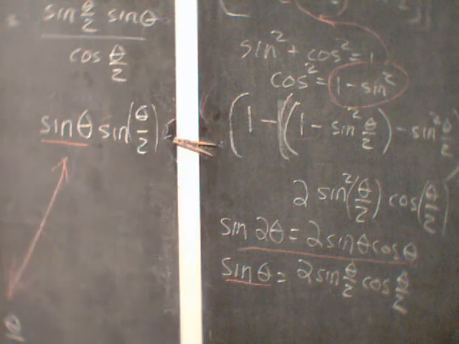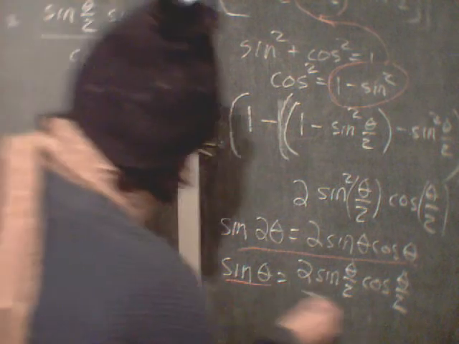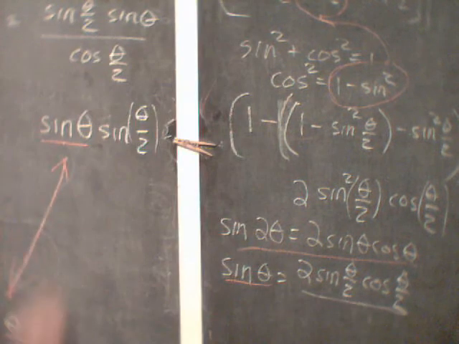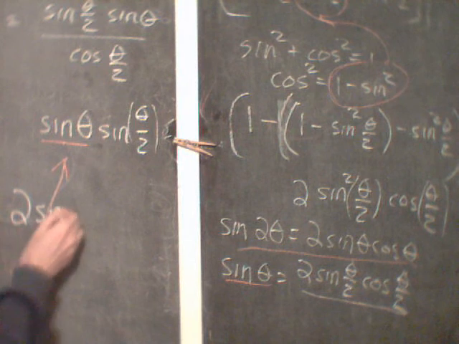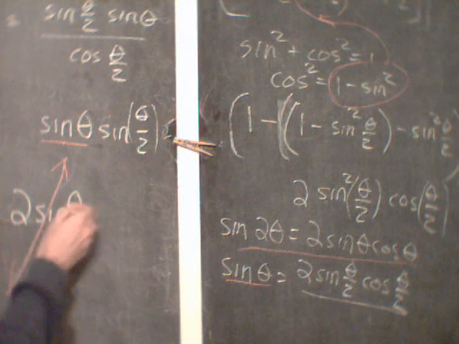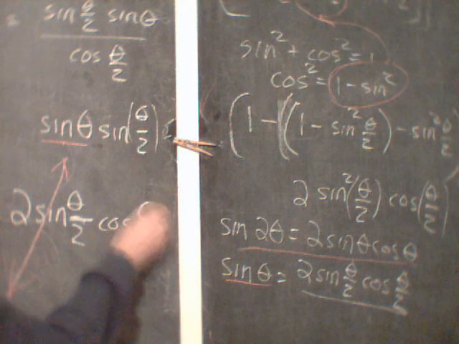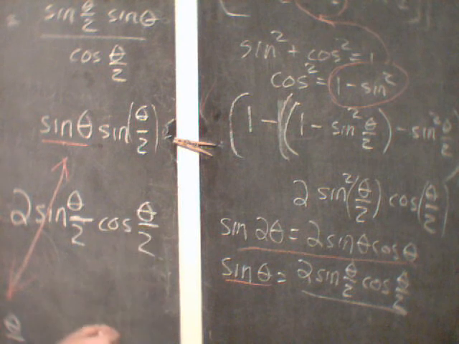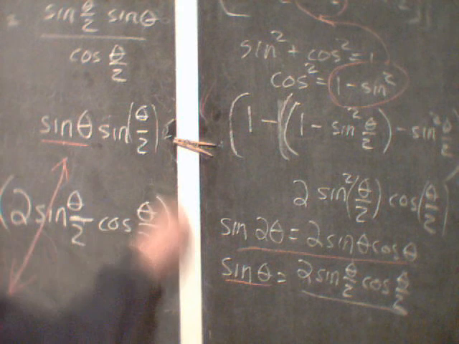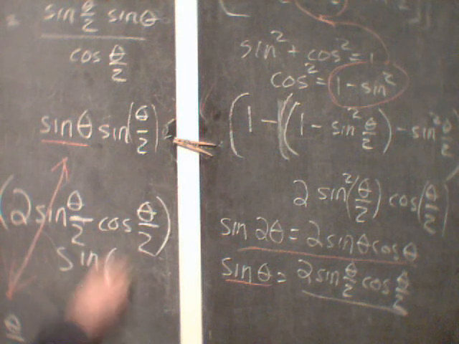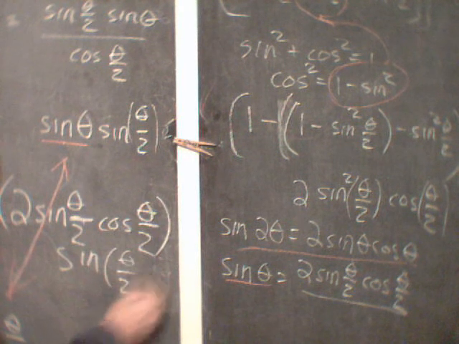But let's do it. So plug this thing in for sine theta, and we get 2 sine theta over 2 cosine theta over 2, and then we get another times sine theta over 2. So let's collect.